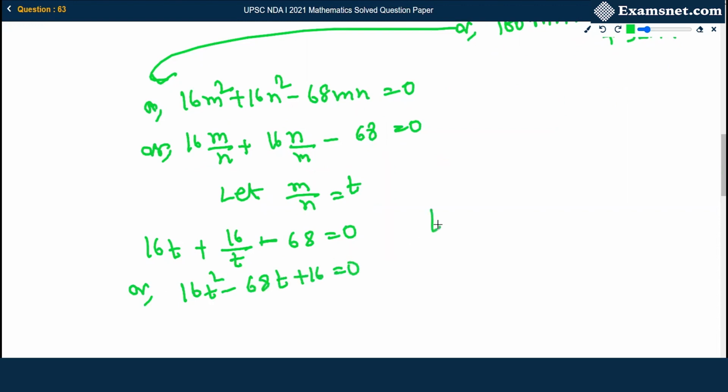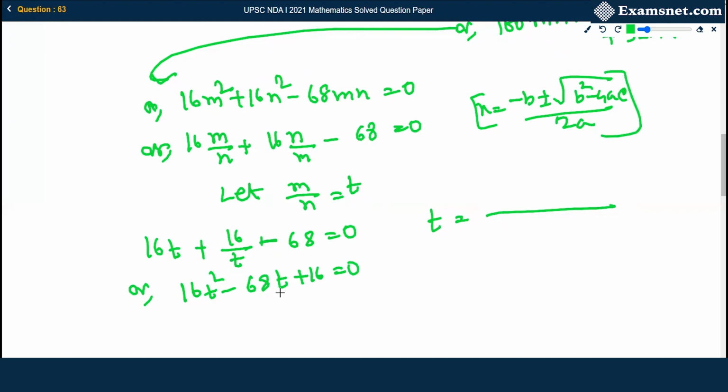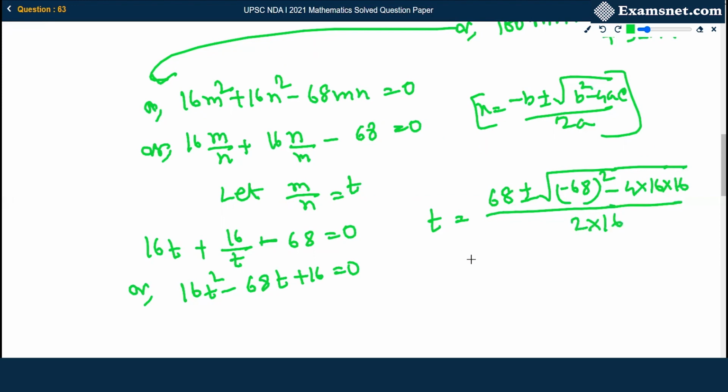Now we can use the quadratic formula, or the Sridharacharya formula, that is x equals minus b plus or minus root under b square minus 4ac, by 2a. So this formula we are going to use here. Here b equals minus 68, so it becomes 68 plus or minus root under 68 whole square minus 4 multiplied by 16 multiplied by 16, over 2 multiplied by 16.